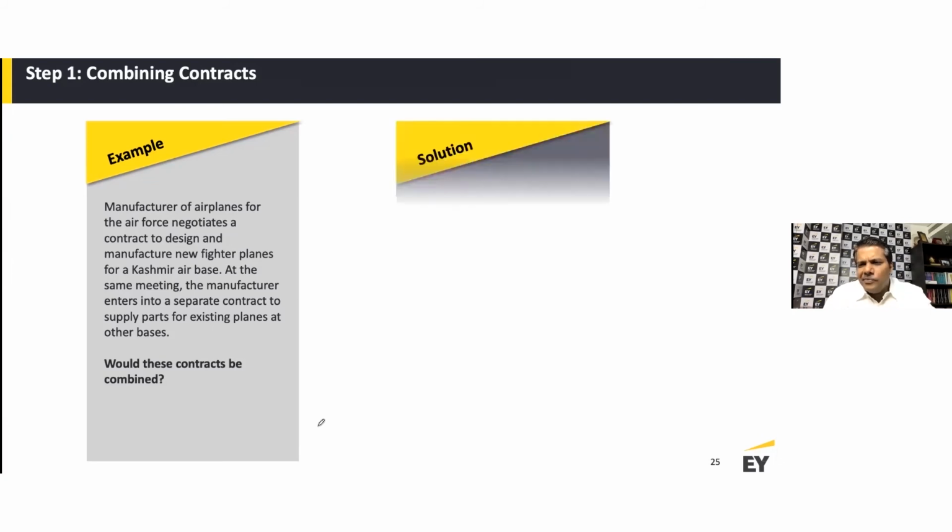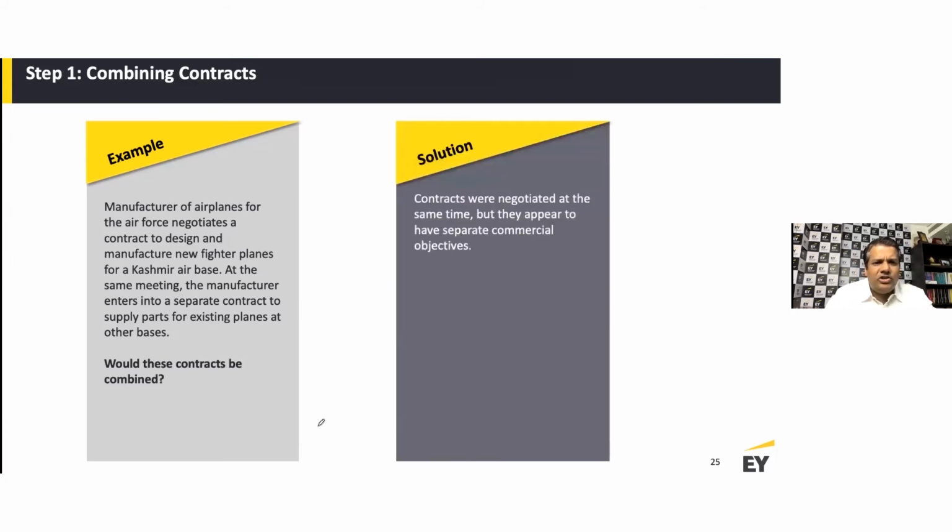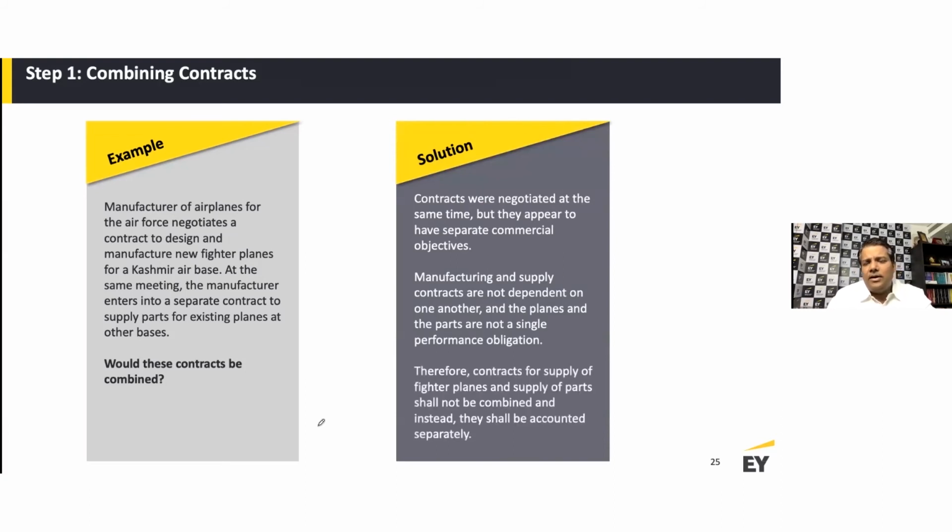They are not linked to each other, though they may be negotiated at the same time. So they can possibly be treated as separate contracts. The contracts are negotiated at the same time, but they appear to have separate commercial objectives, and hence they are not dependent, and you can possibly treat them as separate contracts.